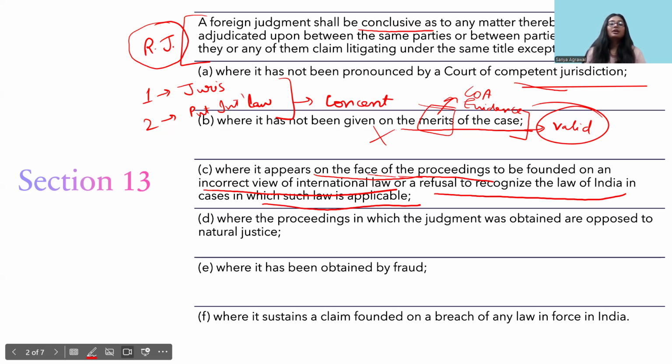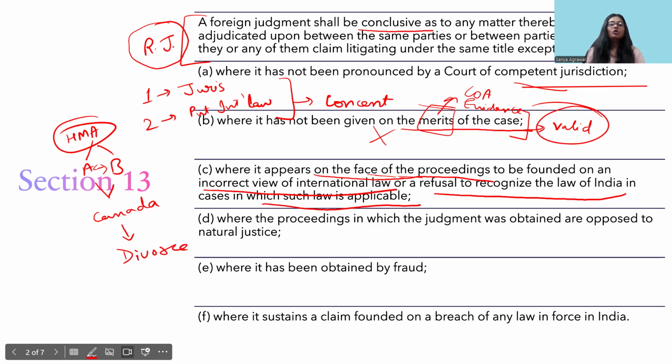For example, if a particular dispute is decided according to the HMA, so basically two parties, Mr. A and Ms. B, got married in India and then settled in Canada. Now in Canada, there was some issue between them, and therefore they filed for divorce.